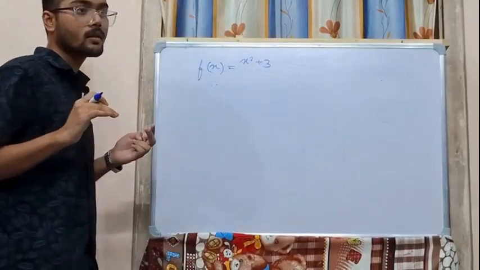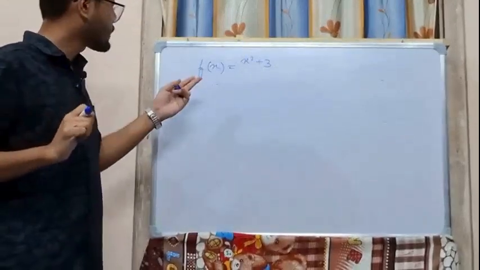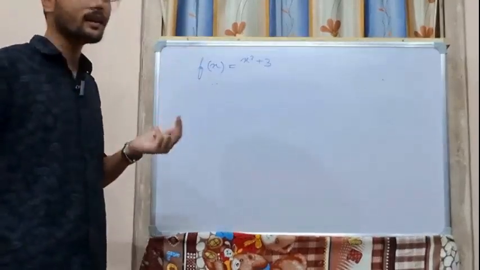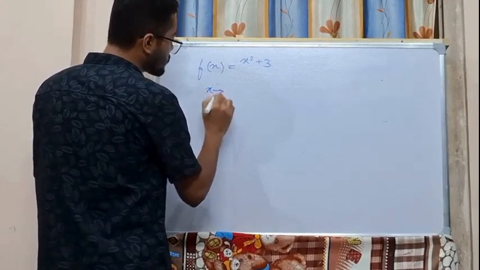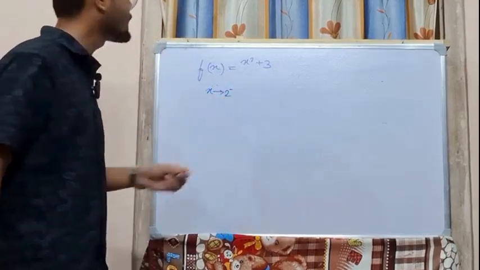To give the answer, what will be the value of f of x if x is slightly less than 2? That means x tends to, or approaches, slightly less than 2, that means 2 minus.